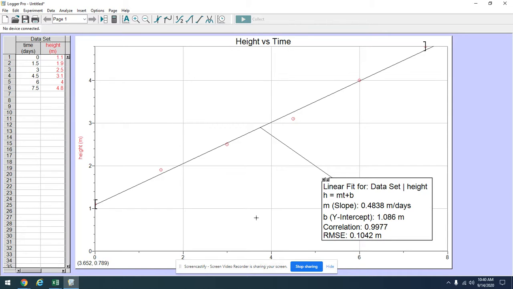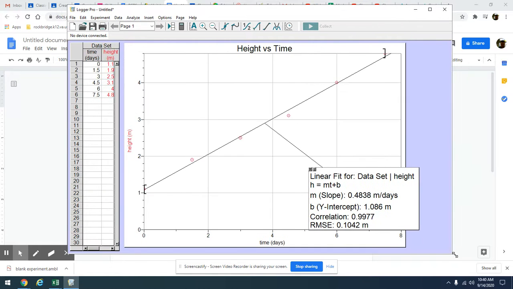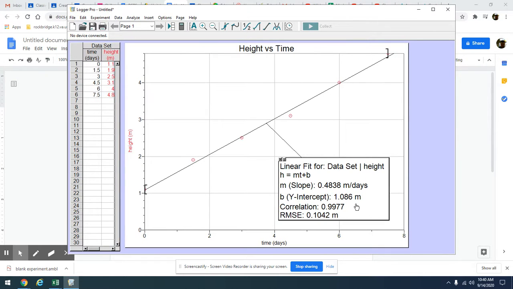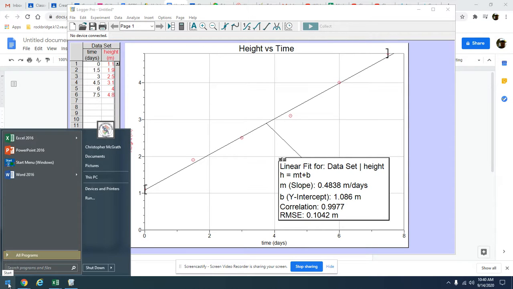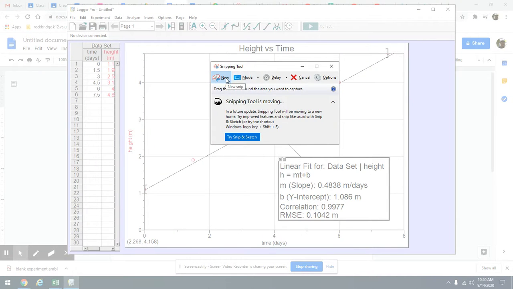All right. So I need a screen snip of this now. Let's just adjust the size of that a little bit. All right. So go find my snipping tool. And you remember this is the Control Shift and the little screen button up at the top on your Chromebook if you're doing it that way.